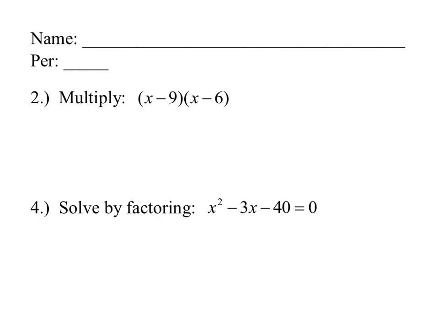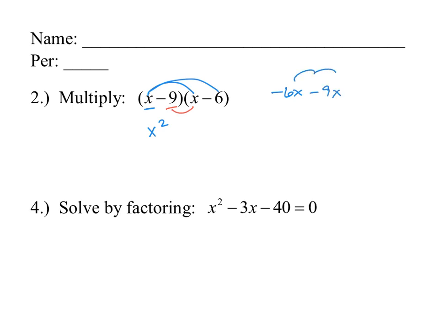We're going to start by distributing this x. We're going to multiply it by both terms in the other set of parentheses. So when I take x times x, I get x squared. And now is where you need to keep track, because we're going to next take x times -6. You need to hold that -6 in your head, because you're going to combine that with -9 times x, which is -9x.